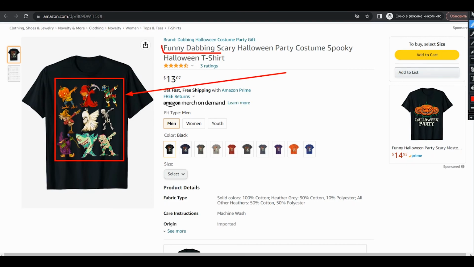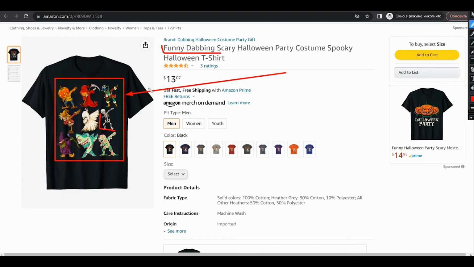For example, you can make this dabbing skeleton full on this shirt design, and it can bring you some sales too. And of course, if you make, for example, 9 different designs and make a compilation like here, you can also make plus 10 listings for each character that is dabbing alone.